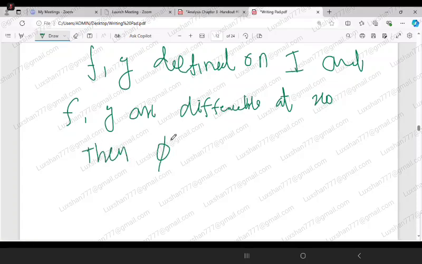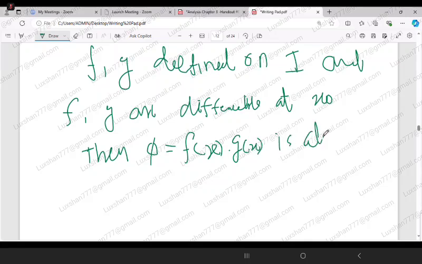Then we want to show that pi, equal to f x into g x, is also differentiable at x equal to x naught.